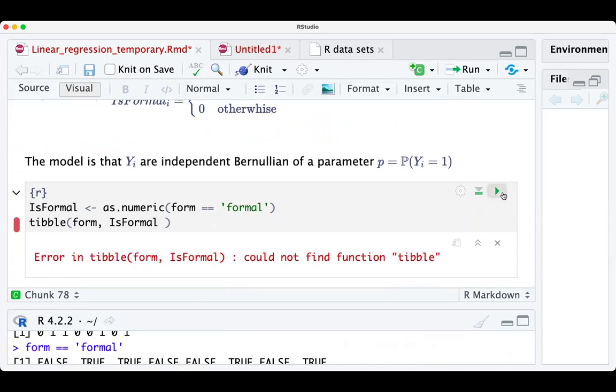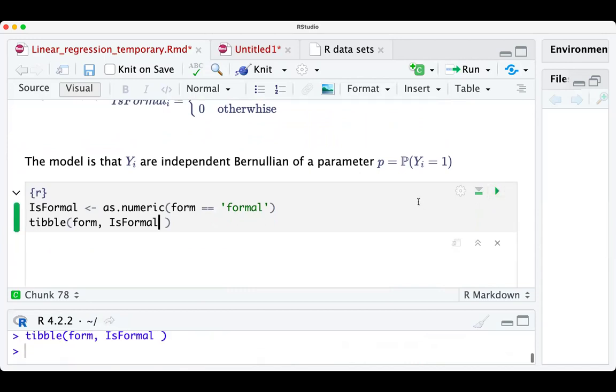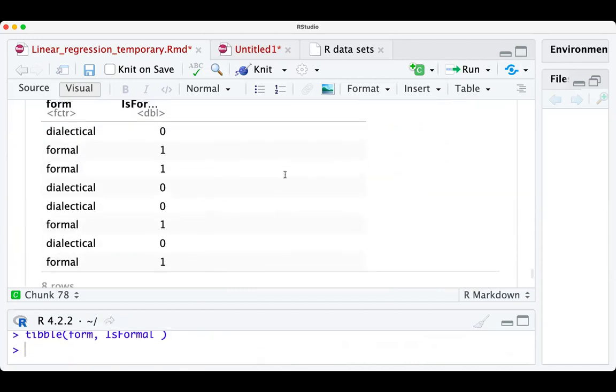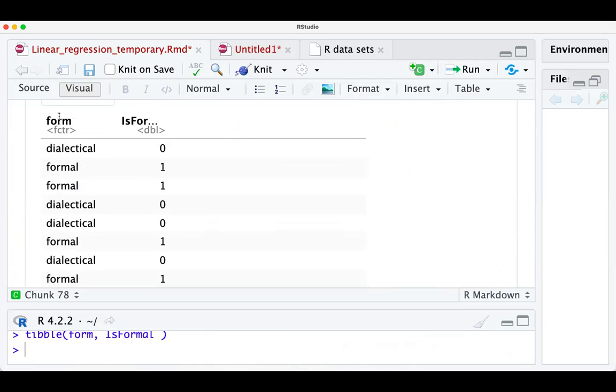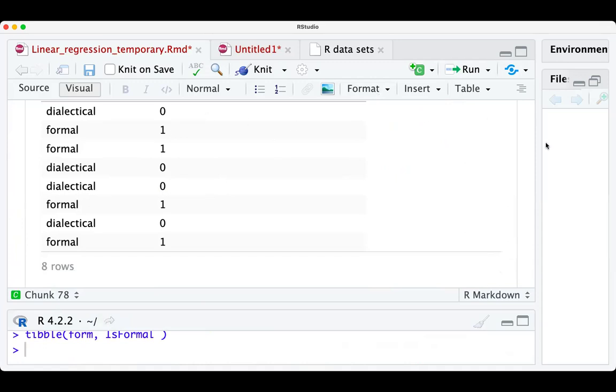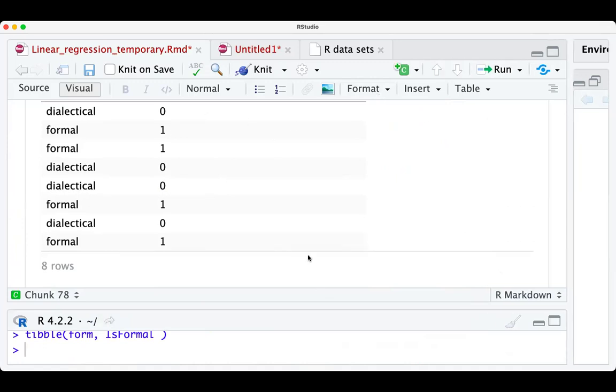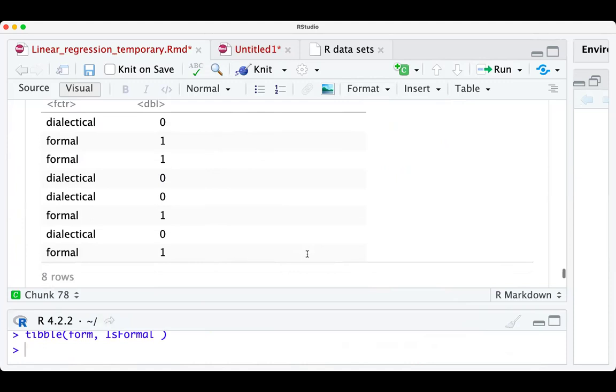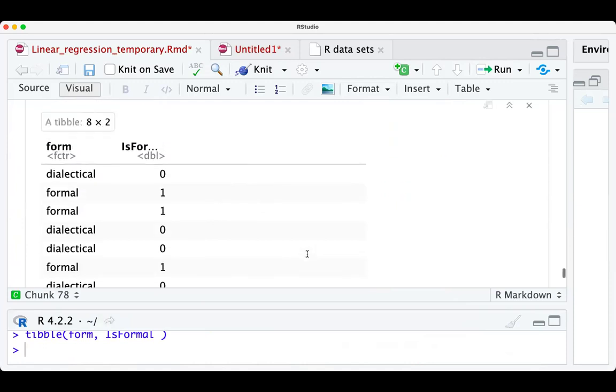So we defined these two variables, form and the dummy variable which I created, putting zeros in dialectical and 1 in formal. It is a dummy because these are not really numbers, they are simply placeholders, if you want.